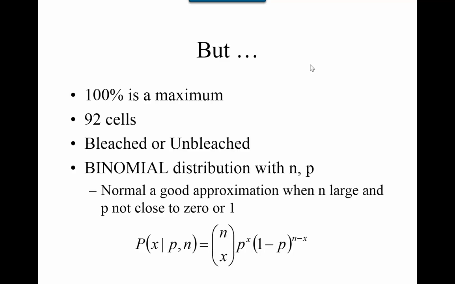And when we want to extrapolate to find where 100% of the cells are going to be bleaching, well, that's also where the normal approximation is going to break down. This formula down here shows us the probability of getting X, say 32 cells bleached, given some probability of success and some number of trials. We won't need to go into that in any great detail.